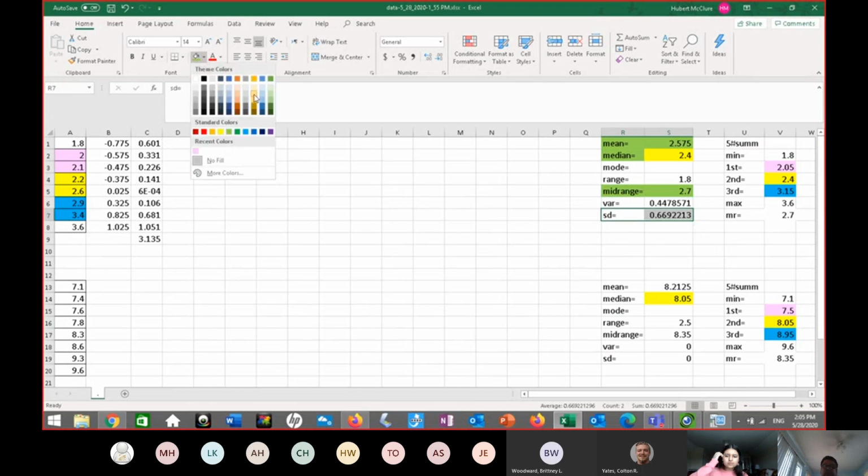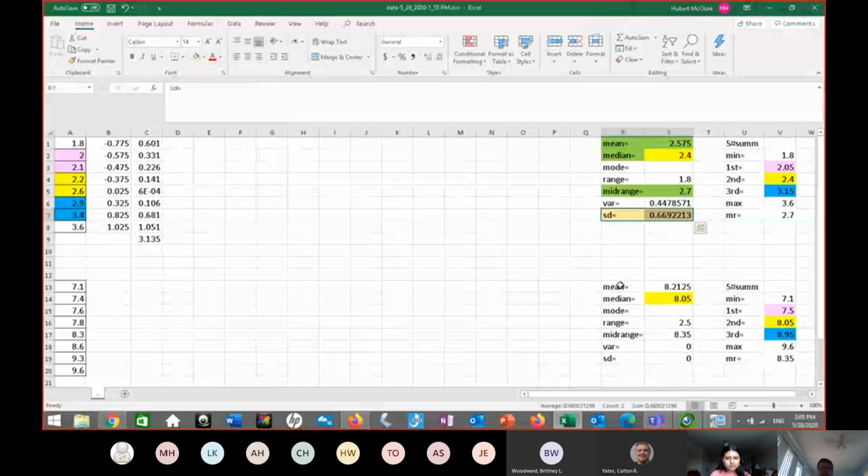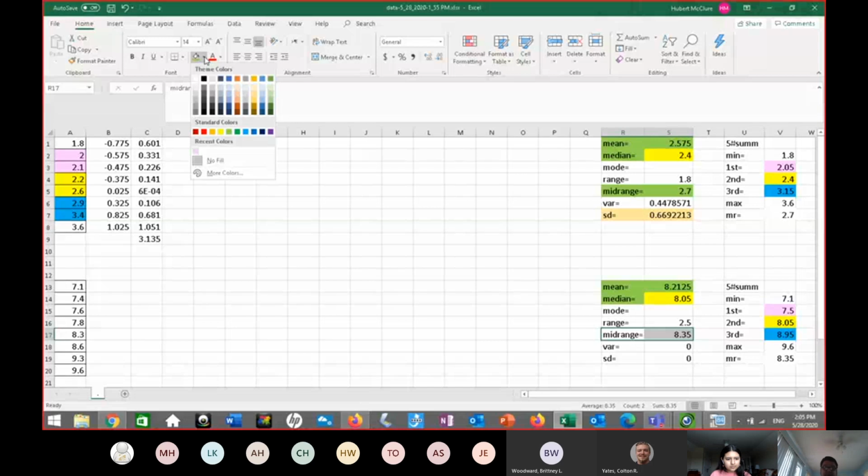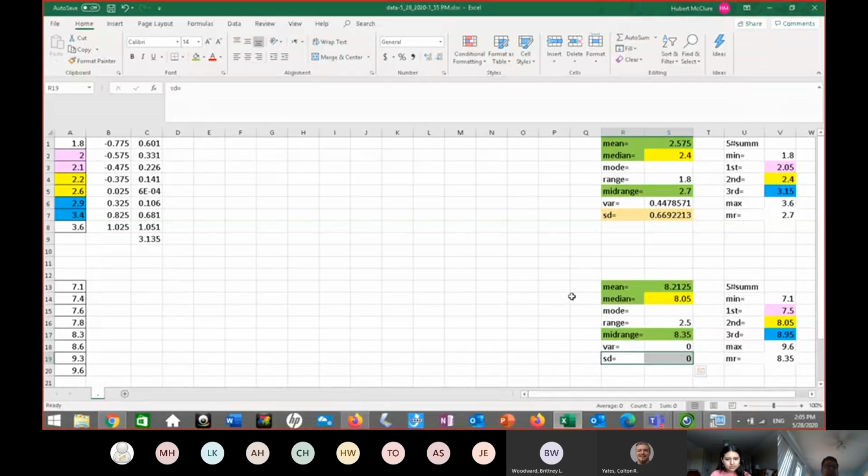So that means the spread. And I'm going to highlight these Verde, but I don't know if those are accurate numbers down here. I'm going to have to check because the variance and the standard deviation is not right. Mid-range is, and the standard deviation is at burnt orange.